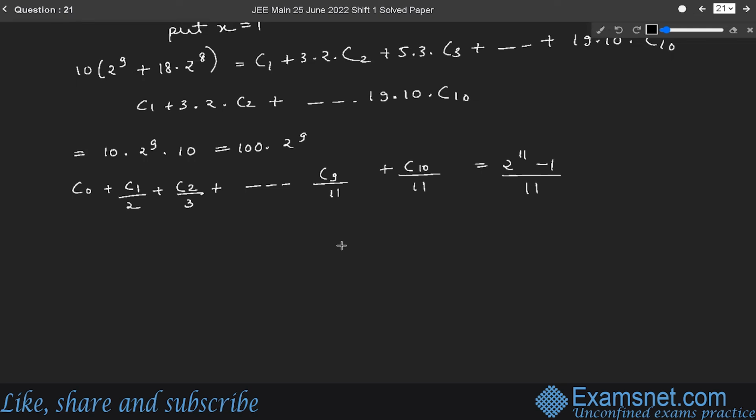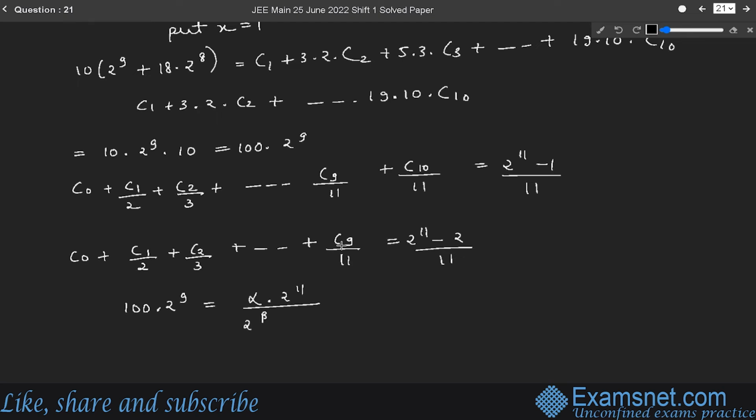So, this will be C0 plus C1 upon 2 plus C2 upon 3 plus so on up to C9 upon 11 is equal to (2 power 11 minus 2) divided by 11. Now 100 into 2 power 9 will be equal to alpha into 2 power 11 divided by 2 power beta minus 1 into (2 power 11 minus 2) divided by 11. So this is the expression which is already given in the question.